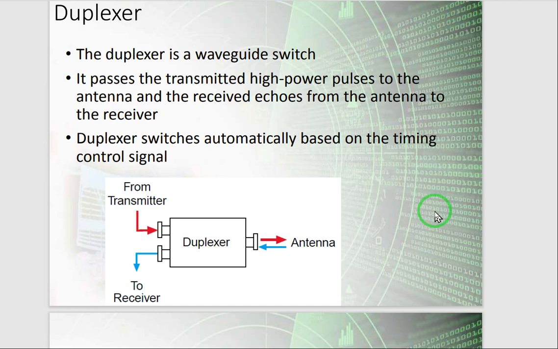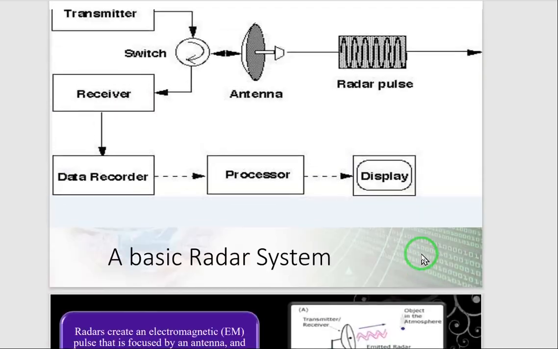The duplexer switches automatically based on the timing of a control signal. There is nothing to be confused about, because here the duplexer is the switch that was defined previously in the block diagram of the radar.